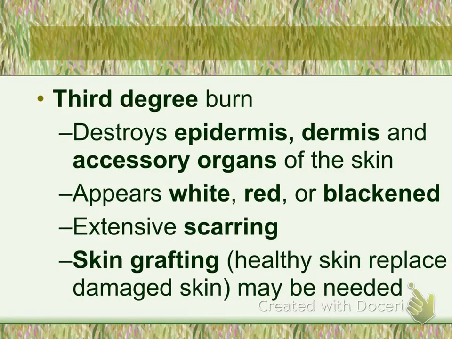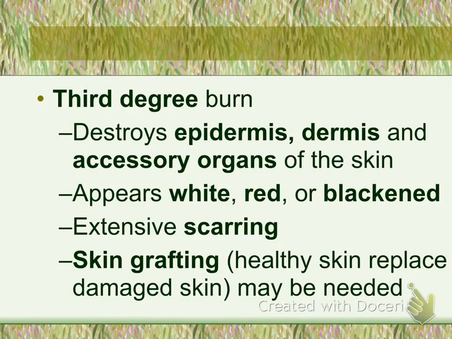Third degree burn is the most serious. The epidermis is destroyed, the dermis is also destroyed, and at this point the accessory organs are destroyed. The coloration is going to be white or red or blackened depending on how much of the skin is burnt.